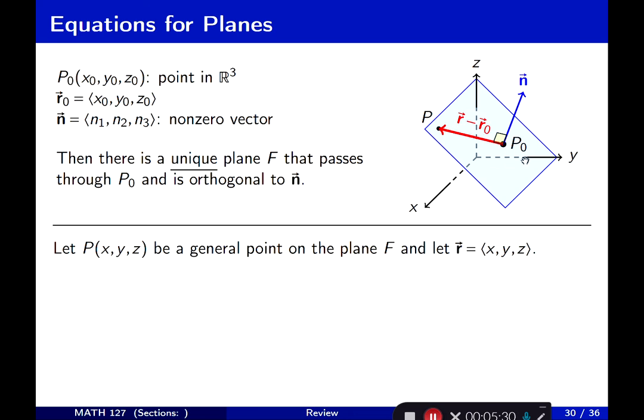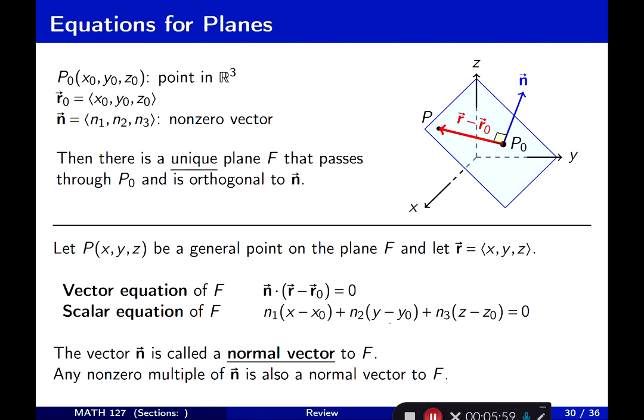Now remember, n is orthogonal to the plane. That means it's orthogonal to any line vectors on the plane, so n has to be orthogonal to this. What we know from a few slides ago is that when two vectors are orthogonal to each other, their dot product is 0.